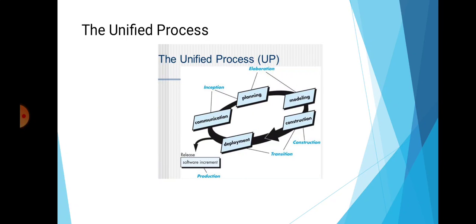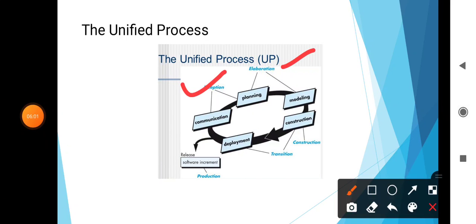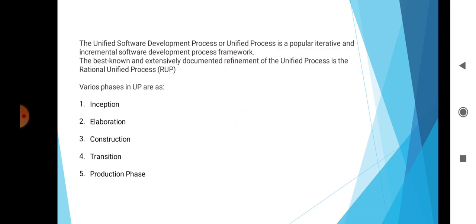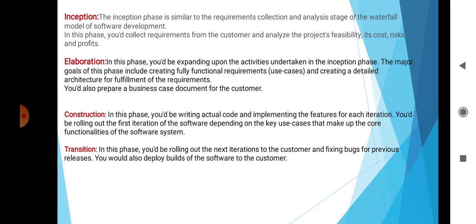But this model has various phases involved in the unified process. These are inception, elaboration, construction, transition, and production. These are the main phases in this model. Then the first phase is inception.